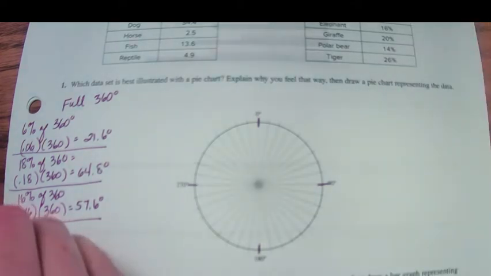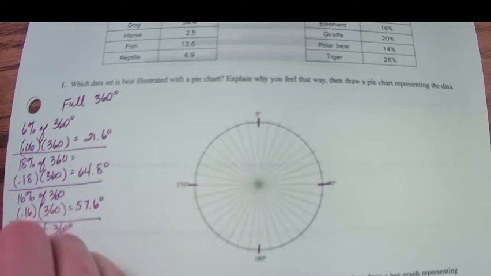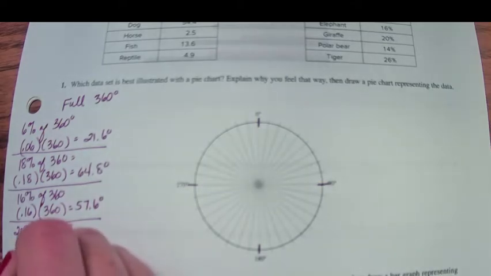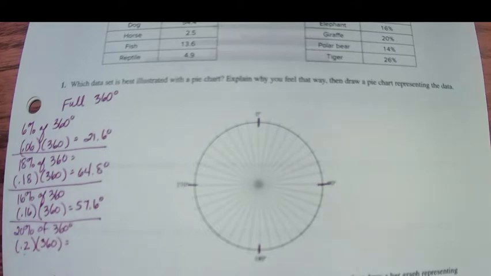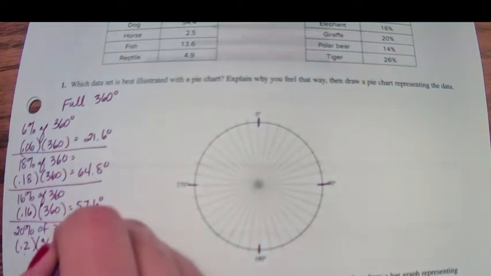Giraffe, 20% of 360. We could do 0.2 or 0.20. And that's going to be 72 degrees.